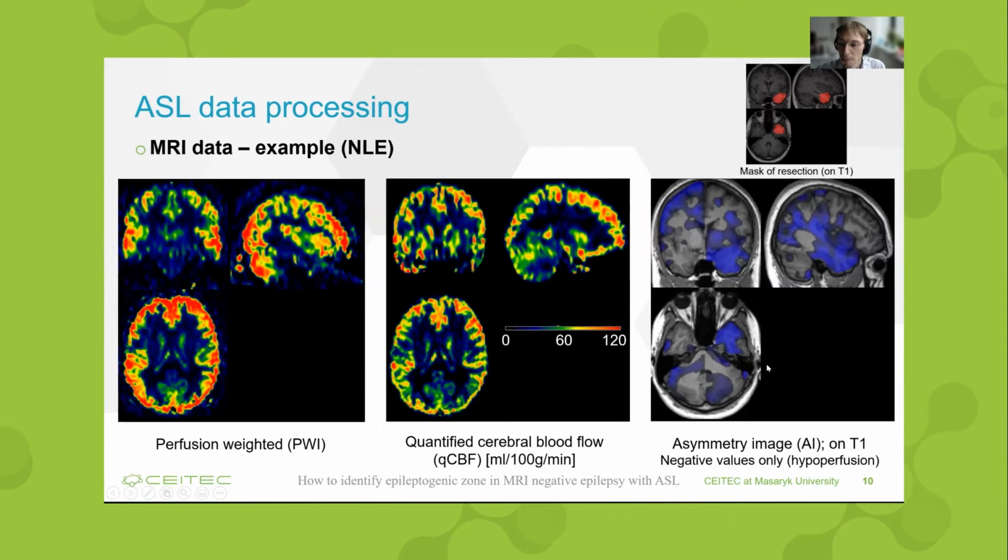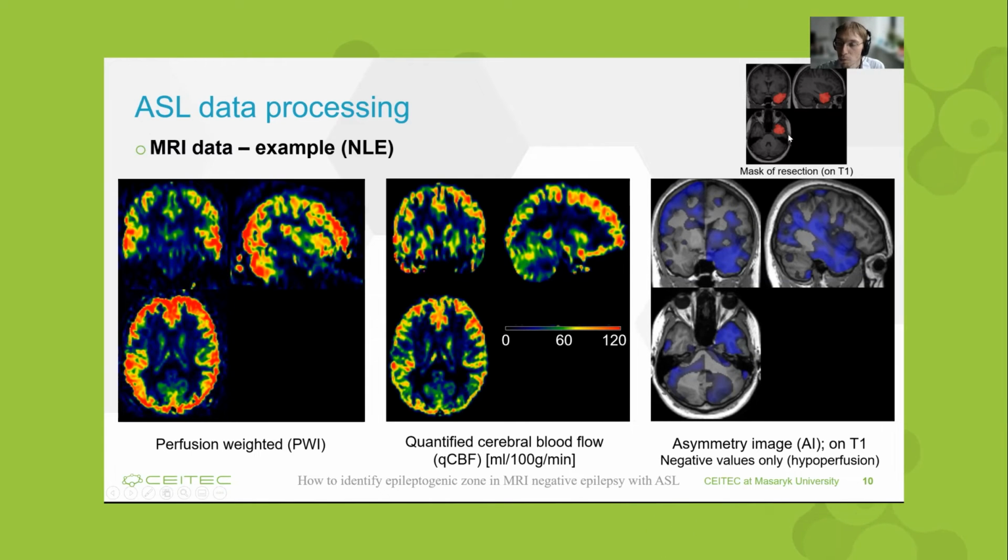And we used only negative values because in perfusion, we are searching for interictal hypoperfusion, which means the place which is the probable epileptogenic zone, in the time when there is no ictus, in hypoperfusion.